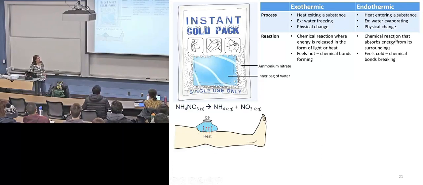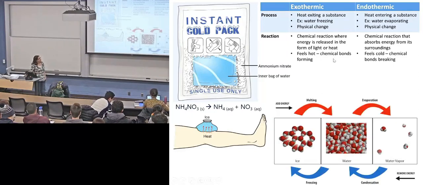A chemical reaction is absorbing energy from its surroundings. It's feeling cold to me. And the reverse reaction, exothermic, there's an exit of heat from the system. So here's the example with water. If I have ice and I put in energy, such as heat energy, it melts or then it could evaporate, and alternatively, energy is coming out of the system if I go the other way.